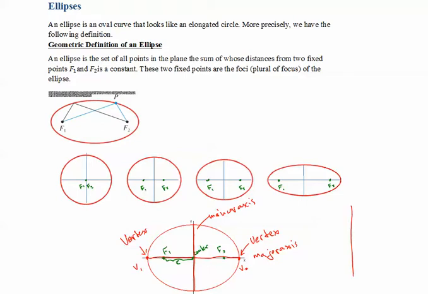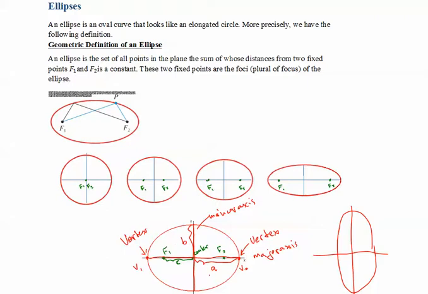Sometimes you see the y-axis as the major axis, so the ellipse will be elongated toward the y-axis. Here this ellipse is elongated toward the x-axis. The distance from the center to any of the vertices is a, and the distance from the center along the minor axis, we call it b.